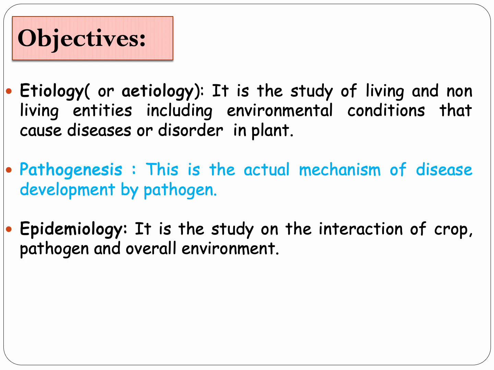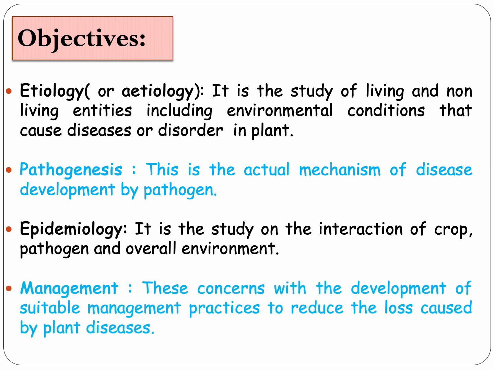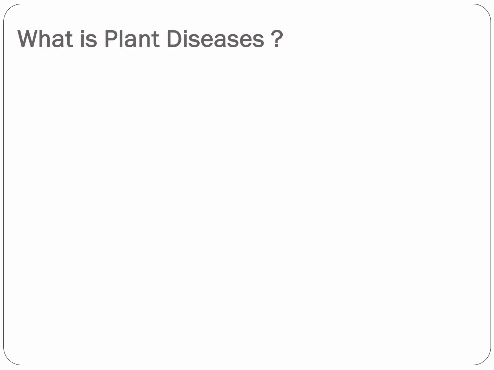It is a study of the interaction of the crop, the pathogen and the overall environment, followed by management. This is another objective of plant pathology, and it is concerned with the development of suitable management practices to reduce the loss caused by a particular plant disease.